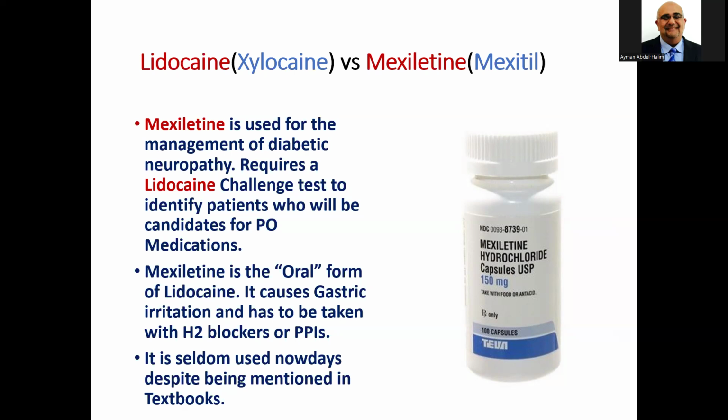The only problem with this drug is it really irritates the stomach big time. And you have to give a PPI with it. I mean, it's still on the market, but we don't use it. Very rarely used right now. We have much better choices right now, such as the gabapentinoids and so forth. But in the old days, we didn't have many choices. So this was one of them, the mexiletine.